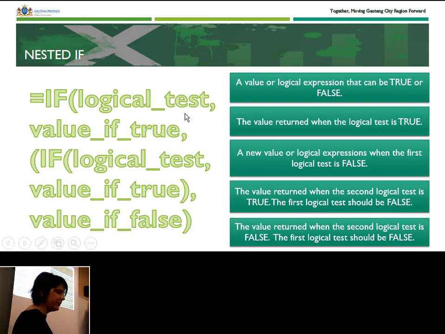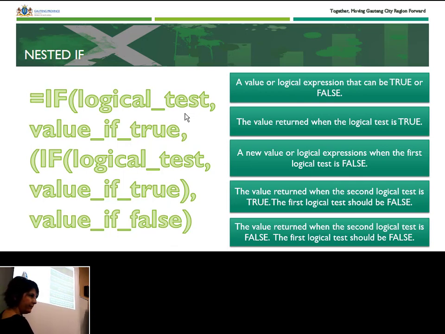Okay, let's do this. Logical test. Not the syntax, just the logic. Is the birth month greater than current month? That's the test. What happens if it's true? Voucher.